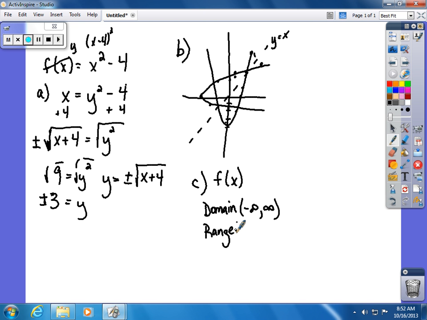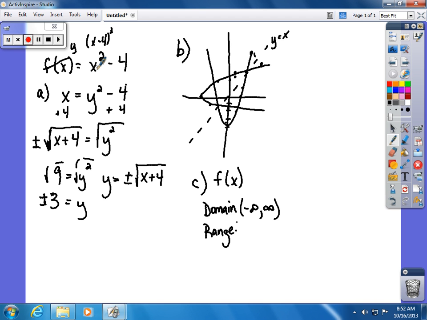The range, however, the range are the possible values that y can take. And if we look at our original function, our function does not dip below where y equals negative 4, right? This graph does not have any part of it that's down below y equals negative 4. So that's kind of where it starts, and then y values increase from there. So our range includes, even though my graph looks terrible, the way to check whether or not this lower bound is included is to plug it into your function and see if you get something that works.